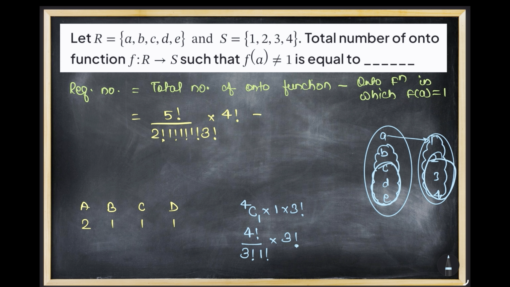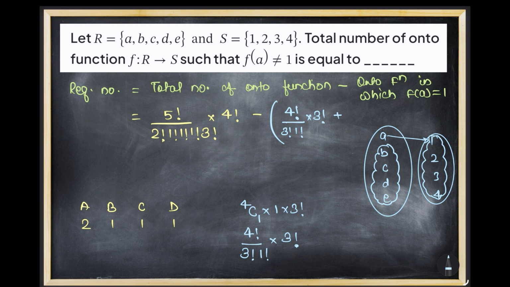This is your case 1, when one of the people is connected with 1. Okay. So it is 4 factorial, 3 factorial, 1 factorial and 3 factorial.